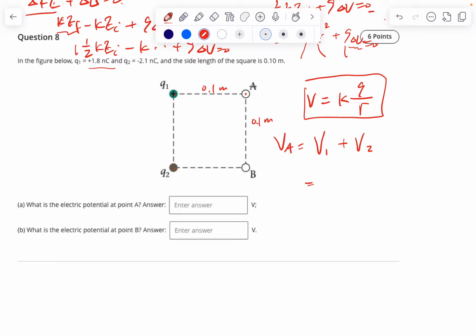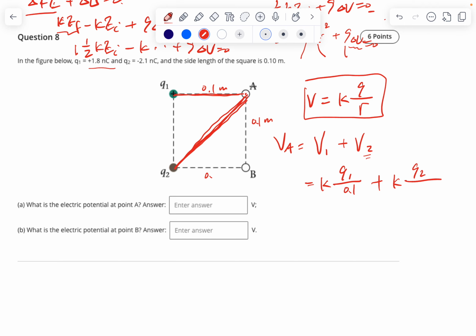So what is V1? This is equal to k Q1, the distance here is 0.1 meter, plus k Q2. What's the distance? This is your distance.